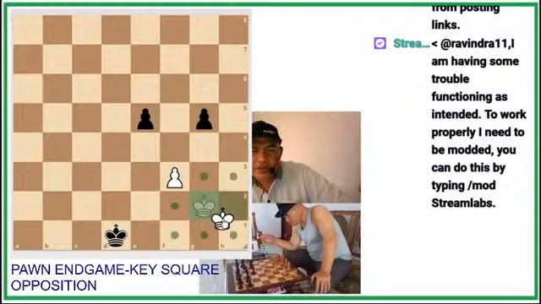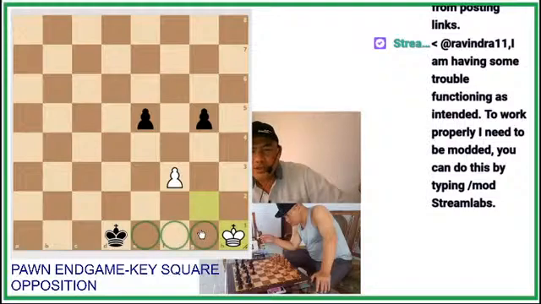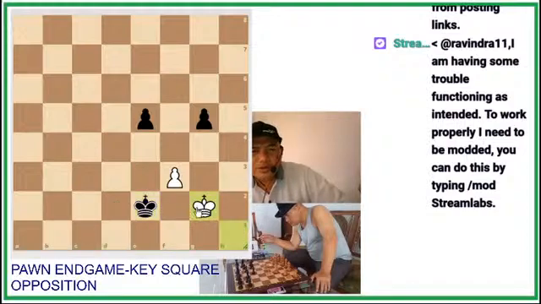The best move for white is to go here and have the distant opposition. This is three squares in between the black. This is the distant opposition. Then if black goes here, then white can go here.